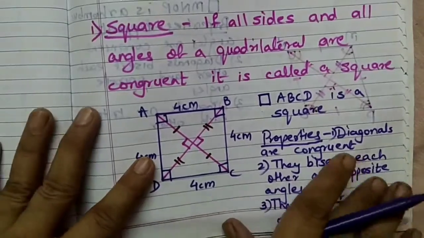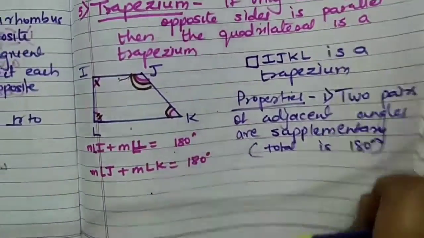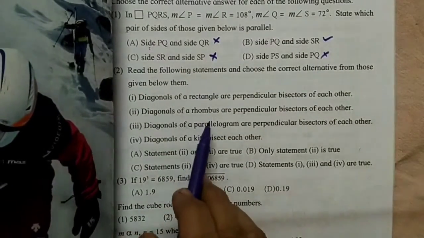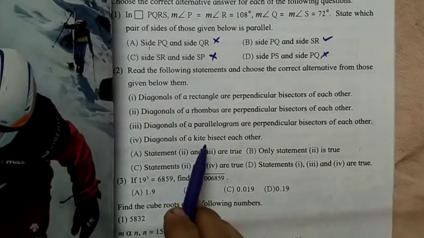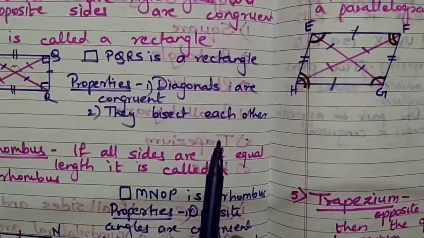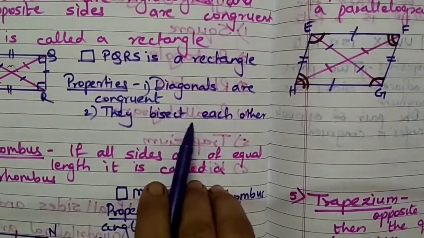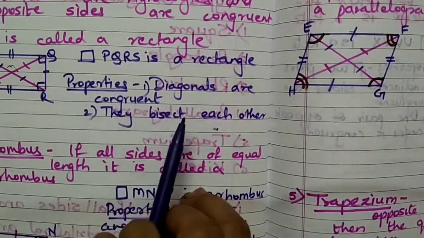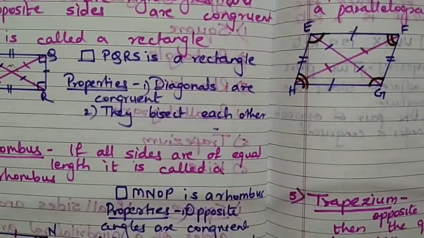So in a square they are perpendicular to each other and bisect each other. But here they have asked us about rectangle, rhombus, parallelogram and kite. So let us see about rectangle. Diagonals bisect each other, but they are not perpendicular bisectors of each other.